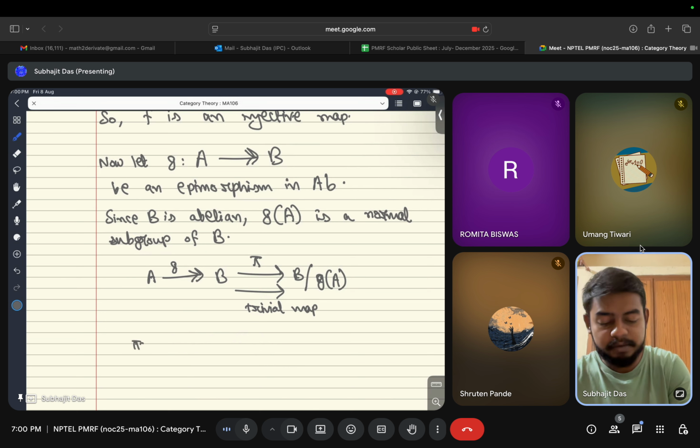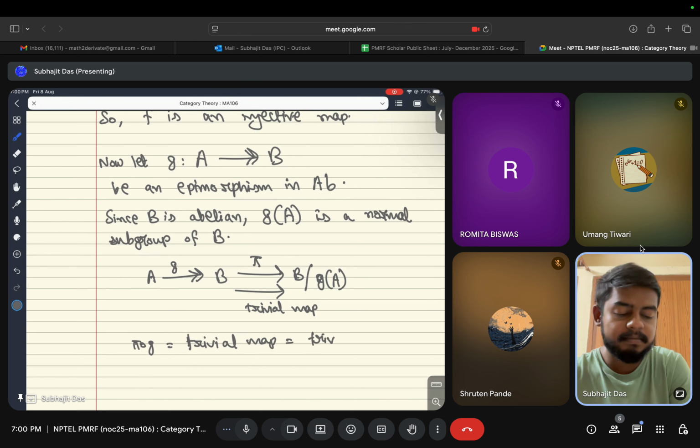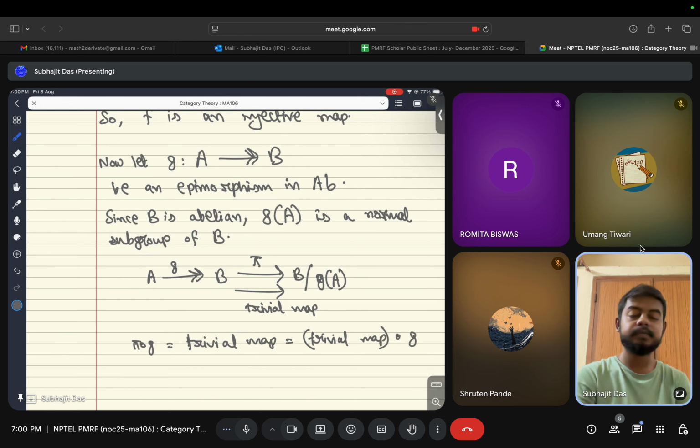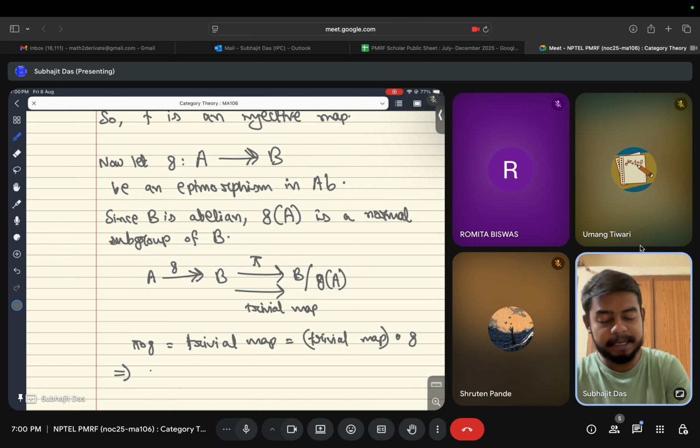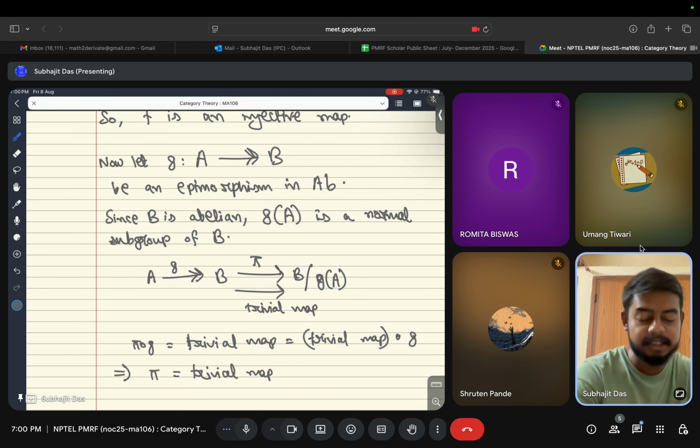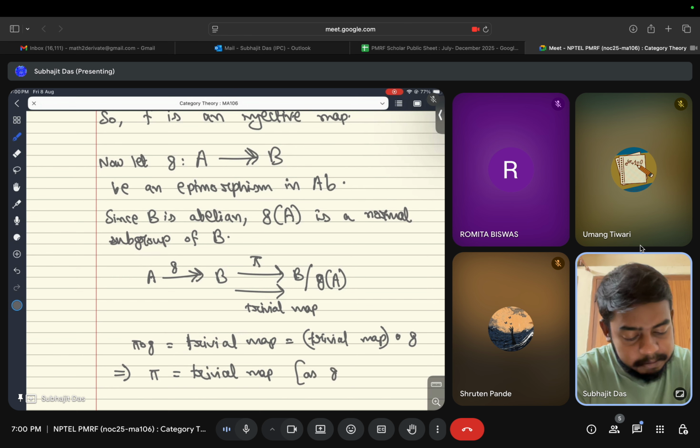Now pi composed with G, as we saw, is the trivial map, which is equal to the trivial map composed with G, right? And G is an epimorphism, which implies pi is equal to the trivial map. So the projection map pi is equal to the trivial map, as G is an epimorphism.